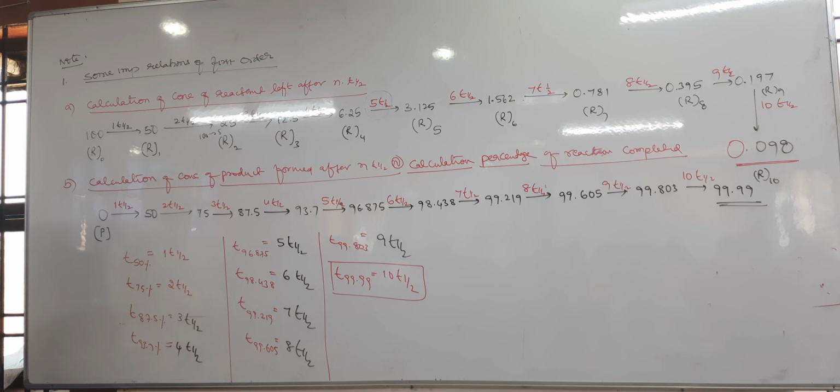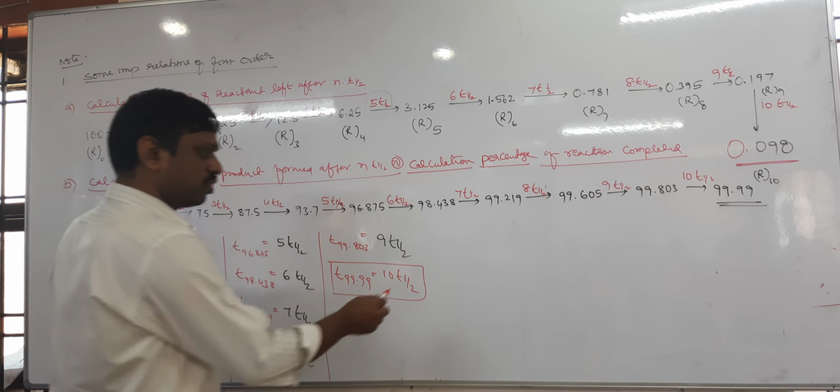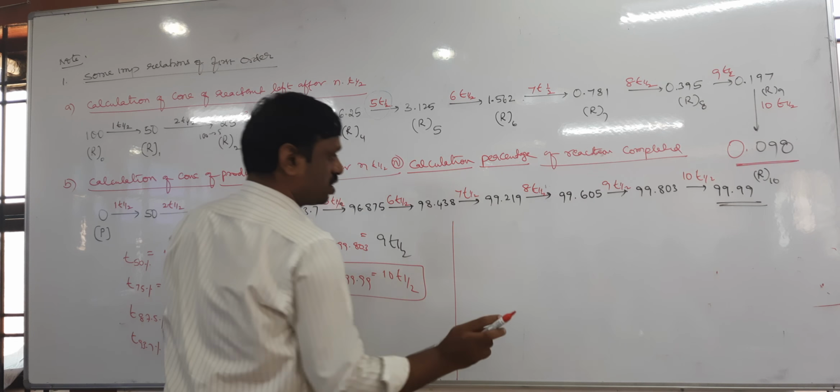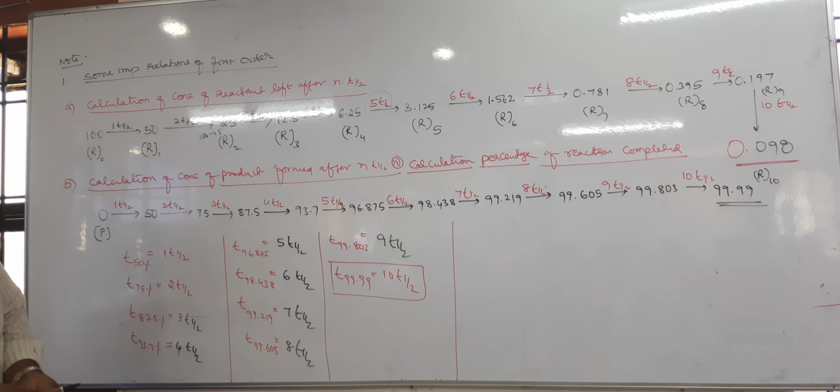Okay, so here also some important questions you can expect directly. A reaction follows first order kinetics. The t half of the reaction equals 5 minutes. They will give the t half.